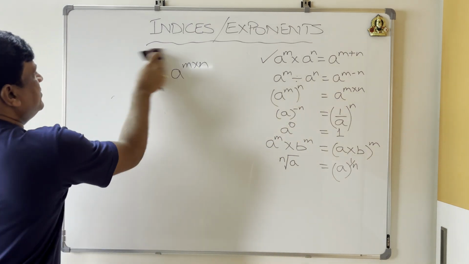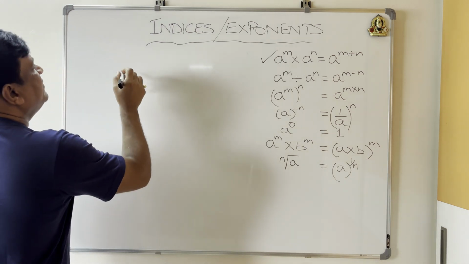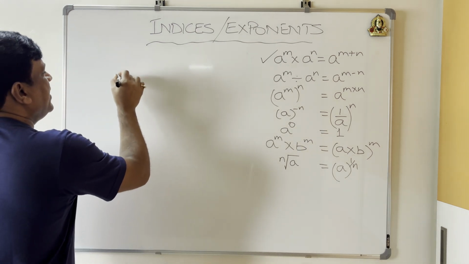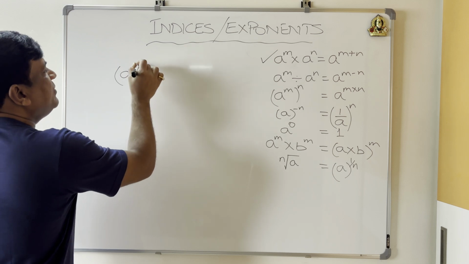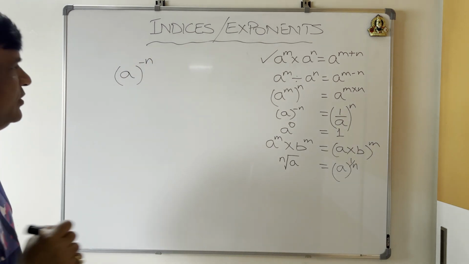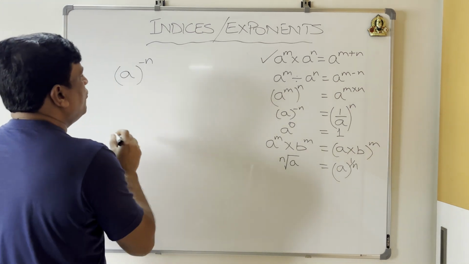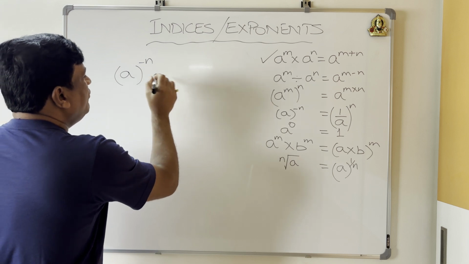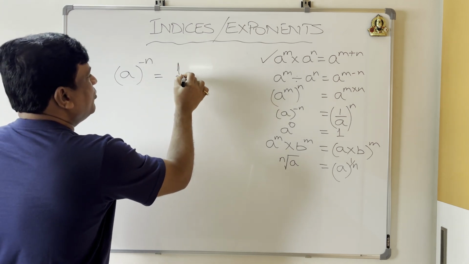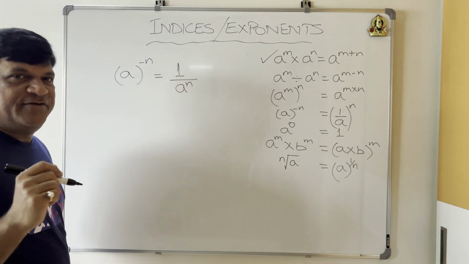Sorry, the fourth one. What does the fourth one say? The fourth one says that if you have any base, for example a to the negative exponent, this is where most of the kids get confused. What you need to do is always put it as a reciprocal for the same power, and it turns out to be positive.